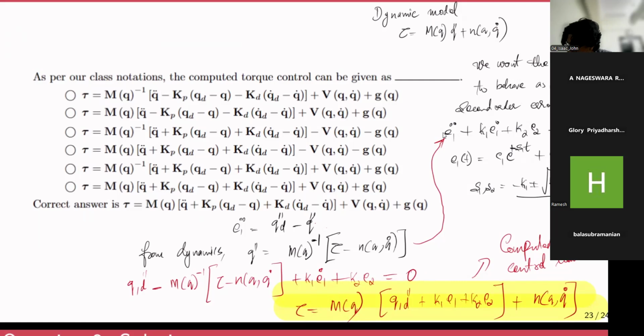I think the final option. Oh, I've already given the correct answer here itself. So it looks like the final option is the correct one. I hope we can all agree on that.